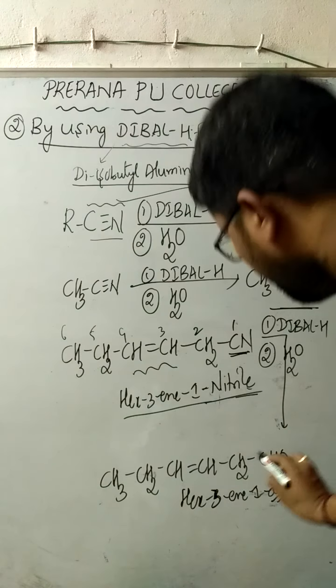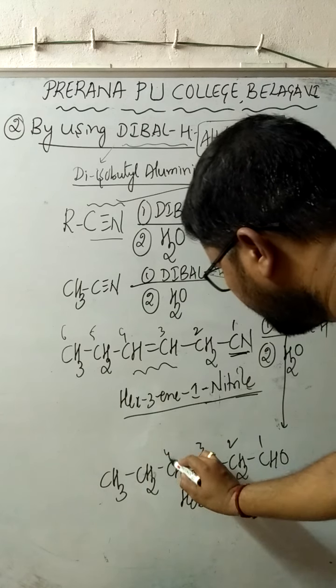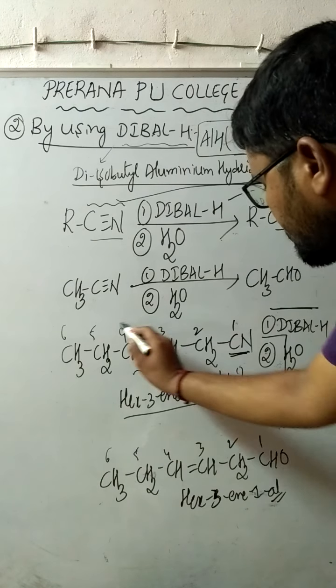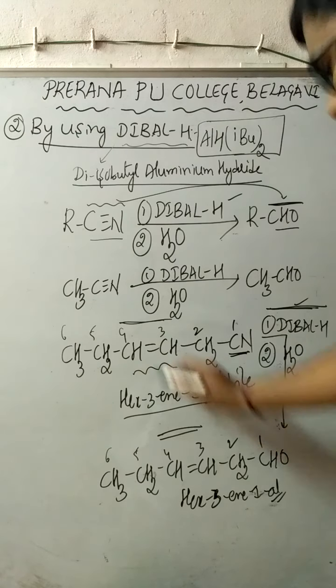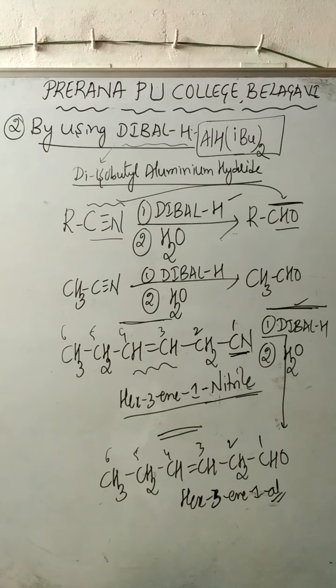When I compare the reactant and the product, in the reactant, unsaturation exists between the third carbon and the fourth carbon. In the same way, unsaturation is retained in the product as well, between the third carbon and the fourth carbon. Such a reaction can be noticed by the action of DIBAL-H, which converts nitrile to aldehyde where the unsaturation is retained.